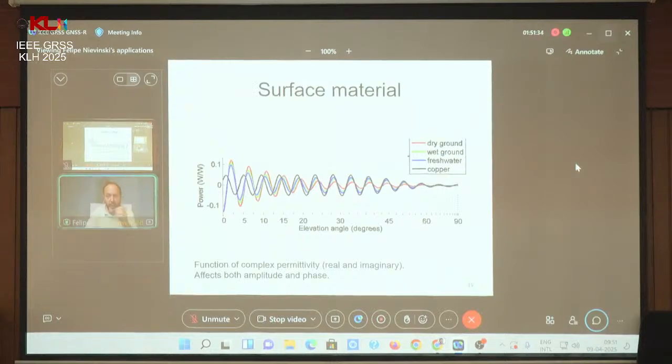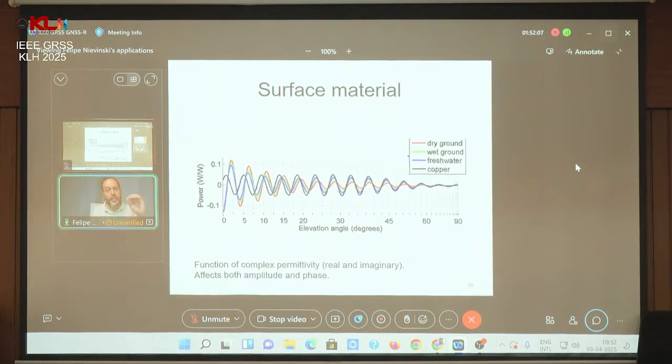And I mentioned that even the interference pattern frequency may change with the surface material. A clear example is when you have soil that is wet after a rain event. Eventually the rain evaporates and the soil dries up, but the soil matrix didn't change itself.